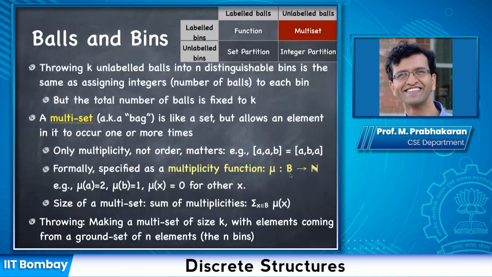That is a multiplicity function, and the counts should all add up to k. You could think of it as taking multiple copies of the bins, one for each ball that fell into it, and finally all these copies of bins should add up to k copies of the bins.